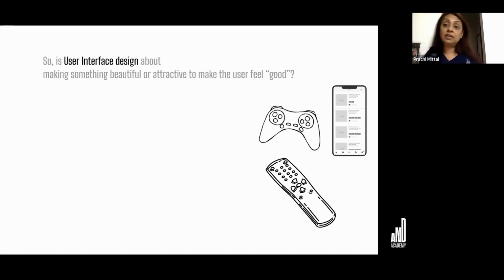I have with me here a remote which I think is a great design, and it is my air conditioner's remote. And why do I say that it is a great design for me? Because all the functions that I want to do with my air conditioner, I want to increase the temperature, reduce the temperature, change the mode, set a timer, switch it on, switch it off, I'm able to do very simply without struggling to figure it out, right?